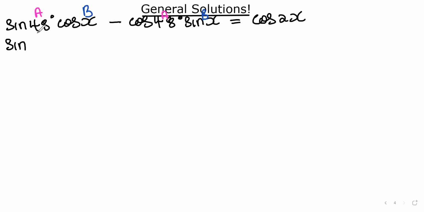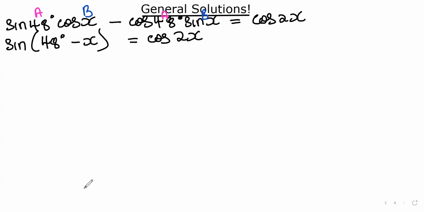So we can now reduce this and say, well, we actually have the sine of 48 degrees minus x, because we know that this is actually the sine of A minus B, all right? And on the right-hand side, we have cosine 2x. Now the question is, where to from this point?